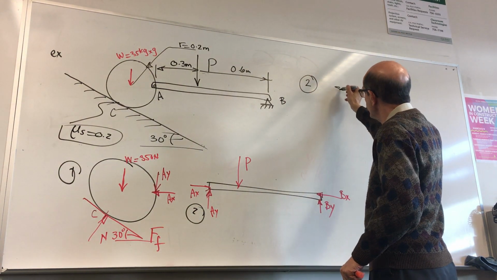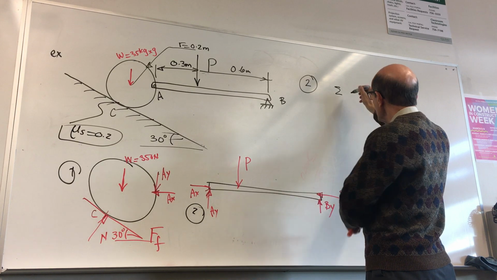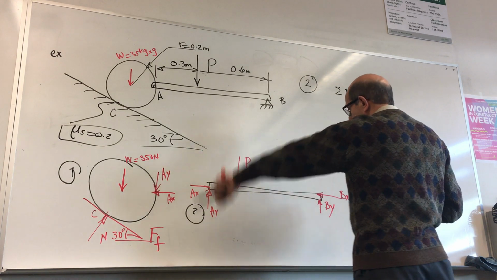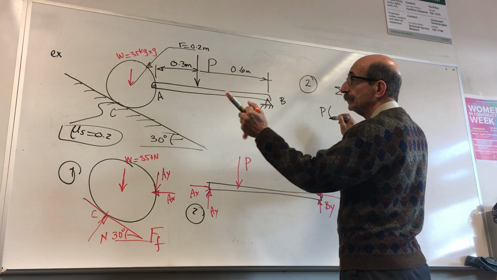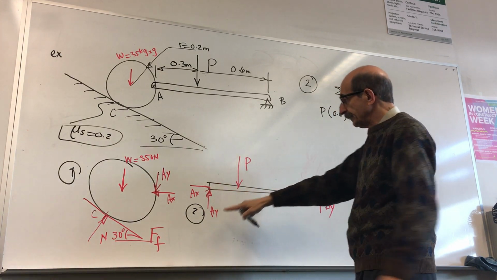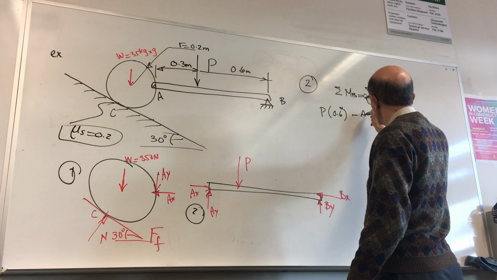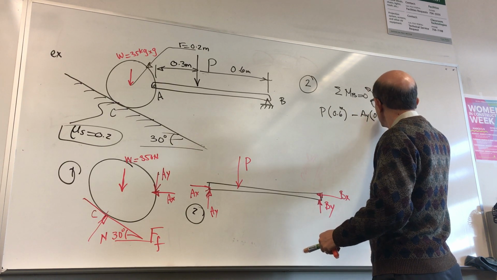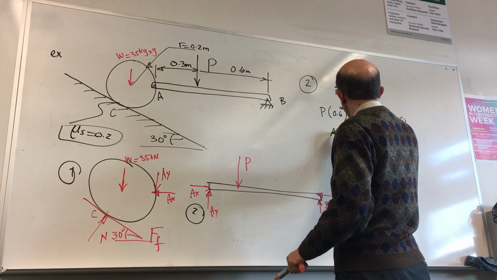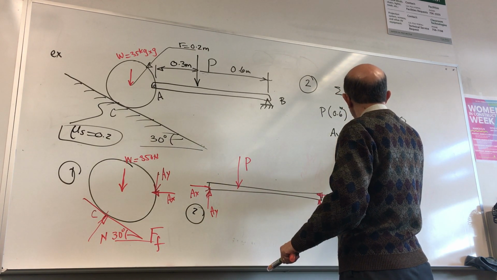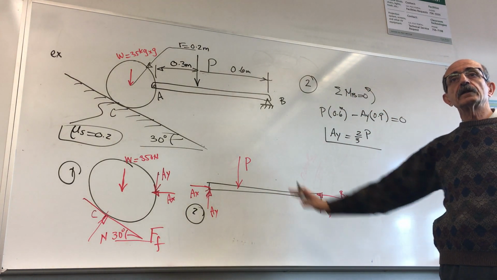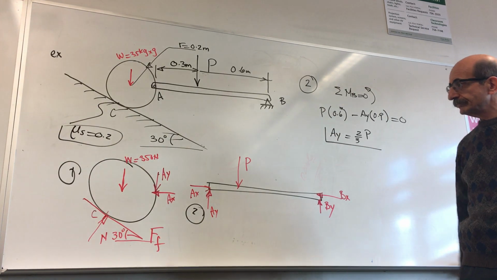Summation of moments about B is equal to 0. I have P times the distance 0.6 meters, minus AY times 0.9, equal to 0. So AY would be 2/3 of P from this free body diagram. I don't care about the other unknowns. I just leave them.